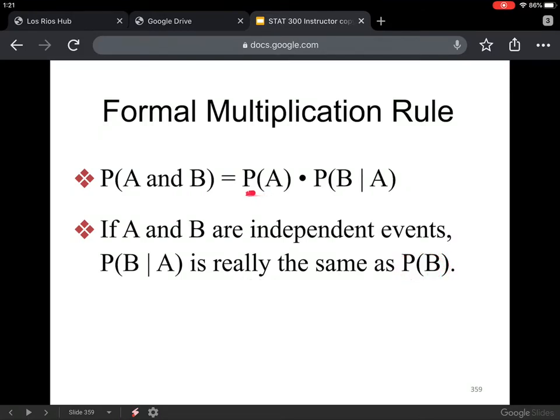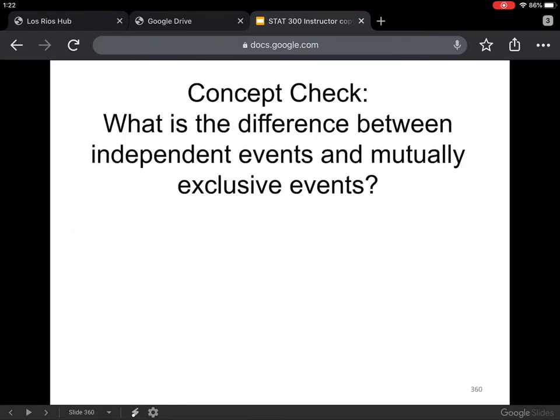So think about this. Probability of A times probability of B given A. Well, if it doesn't matter whether A occurs or not, we can just cross that out. And we'll have probability of A times just probability of B, and that's it. Okay? So if the two events are independent, then you have a more simplified formula.